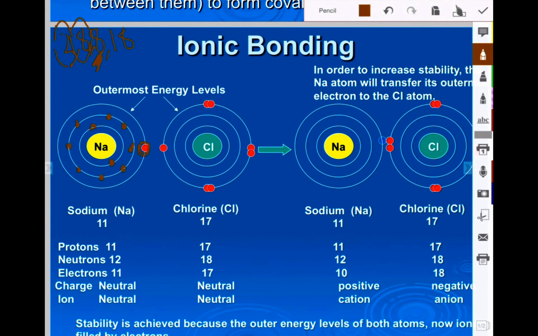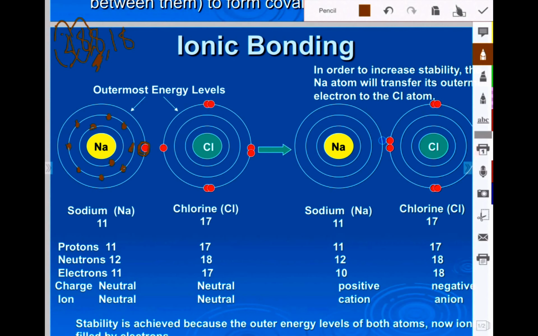Really, to fill up that outer shell? No. The easiest thing is to get rid of that outer electron. It's just kind of lonely. So sodium and a lot of metals will try to get rid of their outer few electrons to make themselves stable. That's why when they get rid of their electrons, if you got rid of your negative charge, you become more positive.